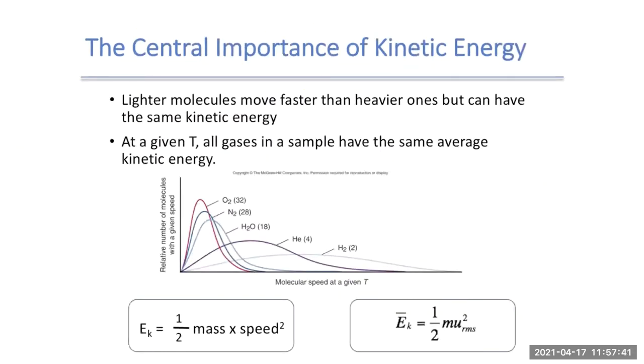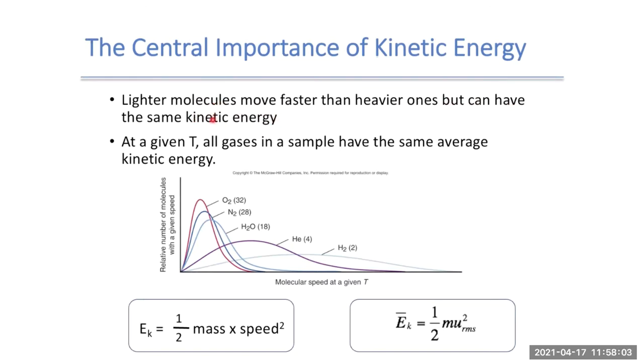And so looking at the central importance of kinetic energy, the lighter a molecule is, the faster it moves. The heavier a molecule is, the slower it moves. Our lighter molecules move faster than heavier ones, but they have the same kinetic energy.